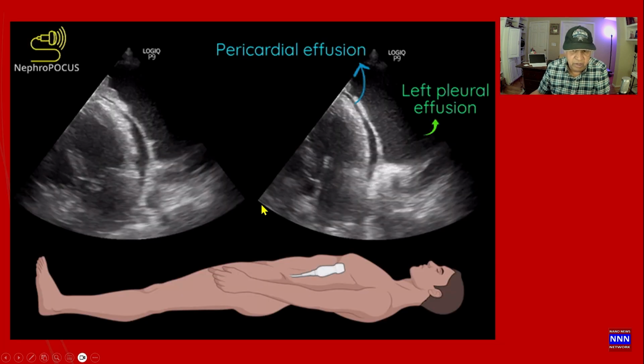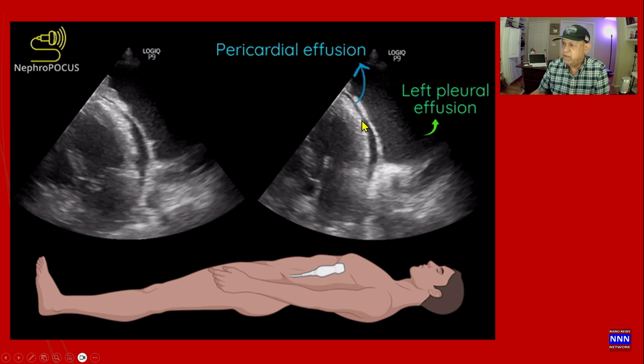Let's move on to the next image here, and here we have an apical four-chamber view. As you can see, the effusion stops right here before the left atrium ends, and here is a small pericardial effusion, and behind that, here we have the aorta, and here we have an echogenic space that goes behind the aortic shadow, and this is a reflection of pleural effusion.